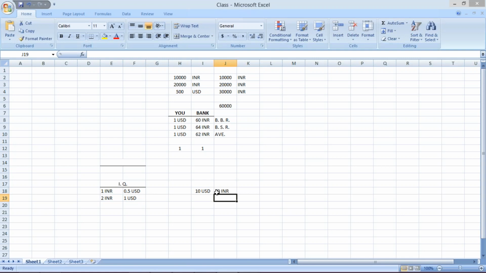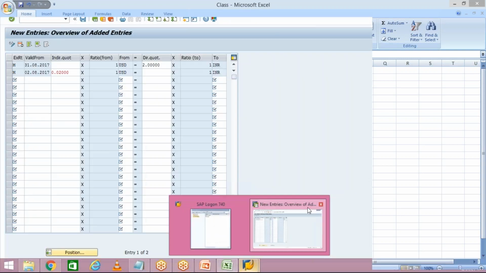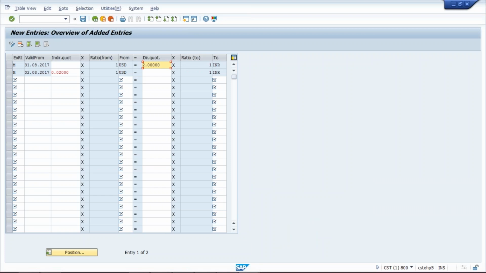Why do we maintain direct quotation? The reason is that our currency value is too low compared to foreign currencies, so for us it's very easy to understand the value in round figures. 1 USD equals, let's suppose, 50 Indian currency.